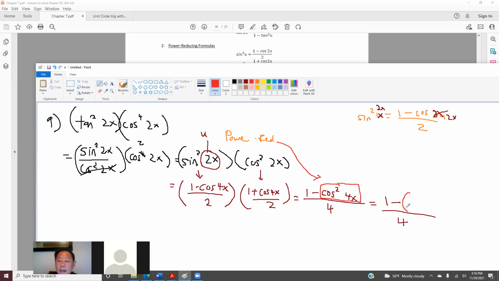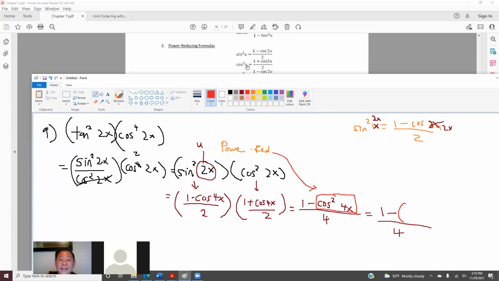In this case, we will be using the middle one here, cosine square u. So this will become 1 plus cosine 8x over 2. Where we get the 8 is because now your u in this case is 4x. So 2 times 4x, we get 8x.